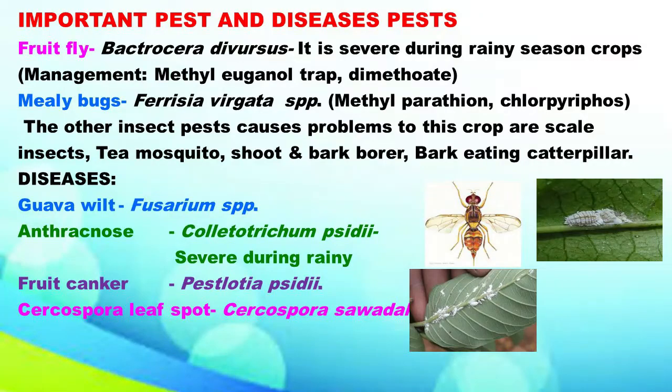Now, important pests and diseases of guava. Fruit fly, Bactrocera diversus, is severe during the rainy season and can be managed by using methyl eugenol trap and dimethoate. Mealybug, Ferrisia virgata, can be controlled by methyl parathion and chlorpyrifos.